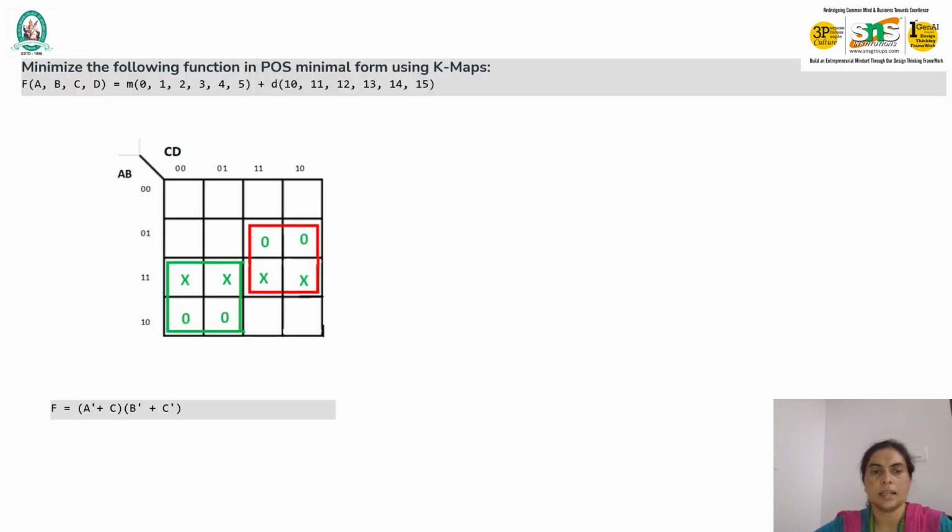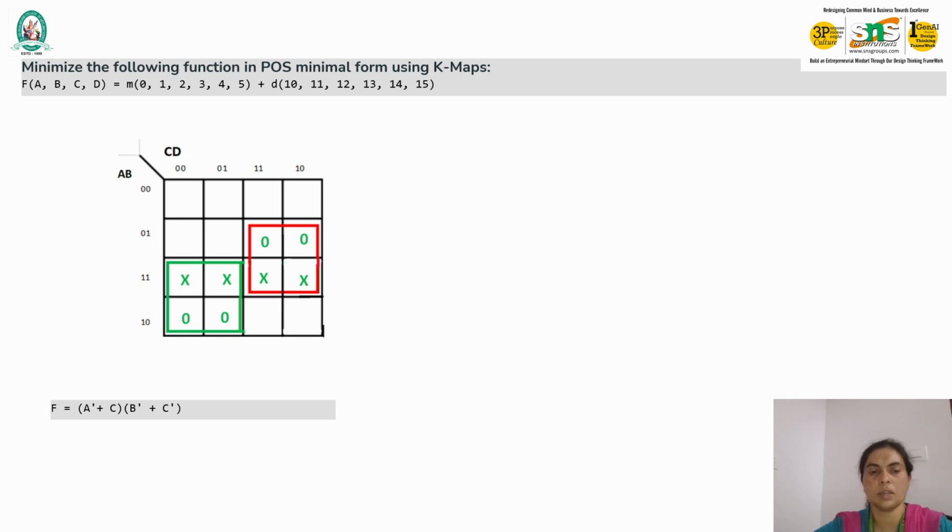This is another example, where the method is used for product of sums. Here four variables are taken, A, B, C, D, where 0, 1, 2, 3, 4, 5 are denoted with zeros, and we have to check for the maximum grouping possibilities. When checking, there is only the possibility of grouping 2 zeros and 2 zeros.